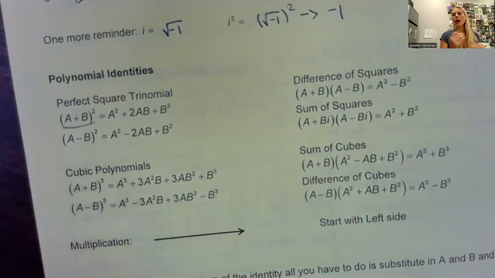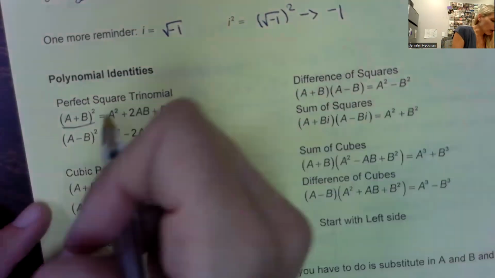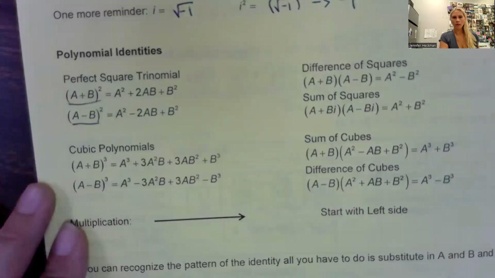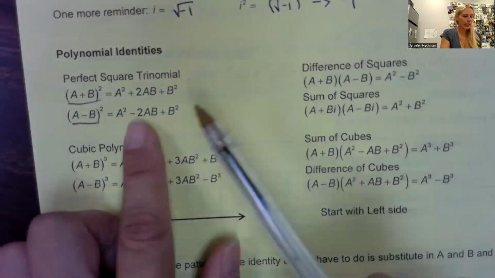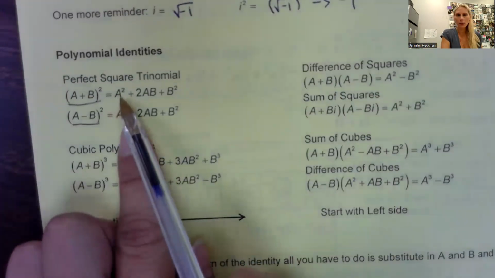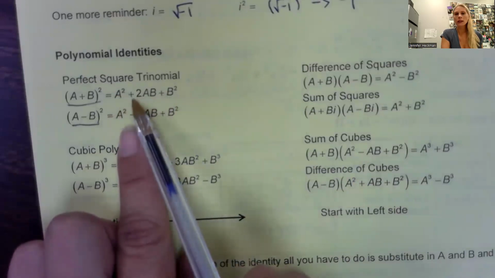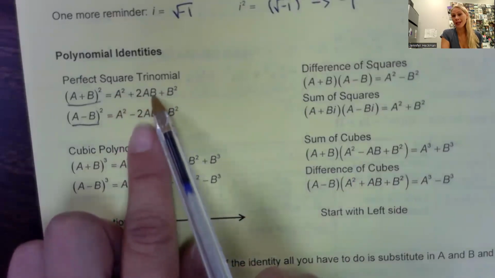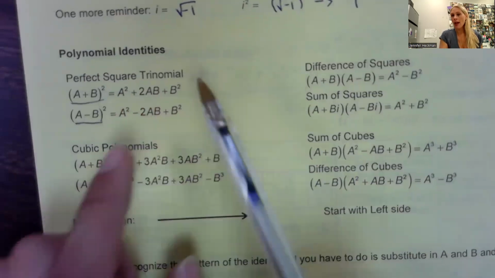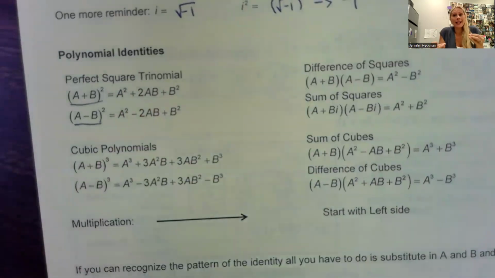That means we have a plus b, all of that squared. We also have it where it's subtraction. And every time it will always come out in this format: a squared plus 2 times a times b plus b squared. That's it. That's the identity. You could memorize that if you want.